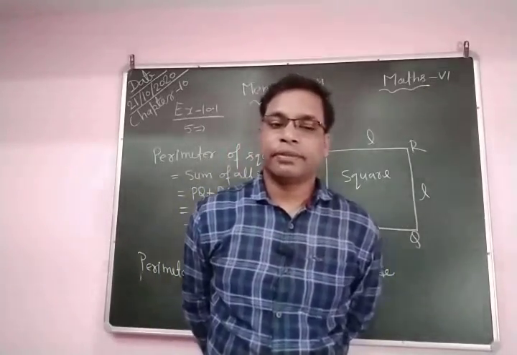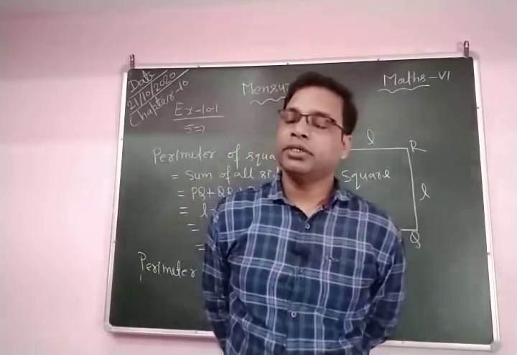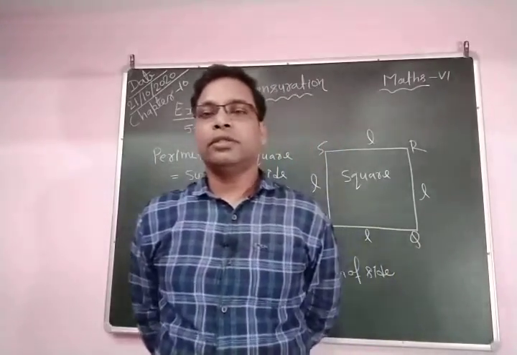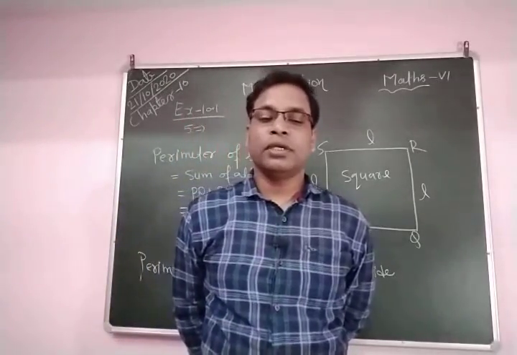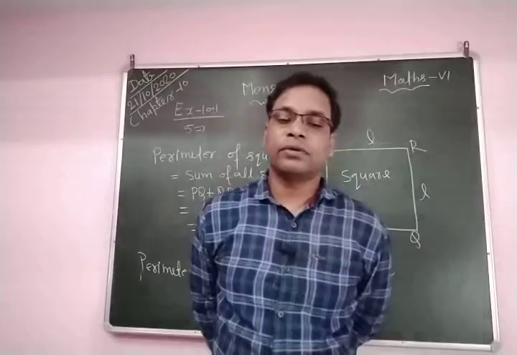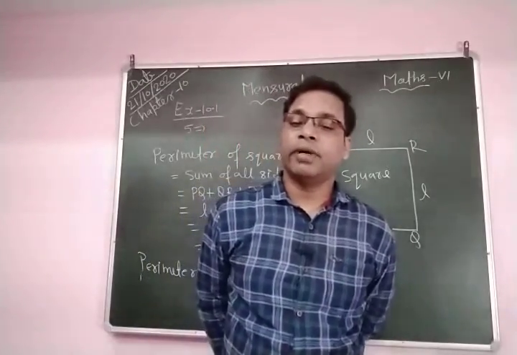What is question number 5? Question number 5: a rectangular piece of land measures 0.7 kilometer and 0.5 kilometers. Each side is to be fenced with 4 rows of wires. What is the length of the wire needed?